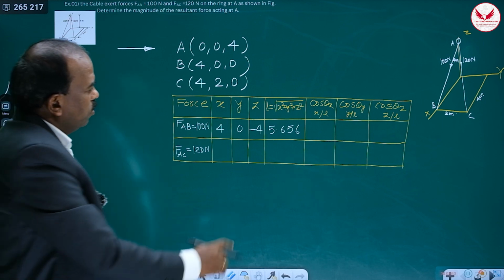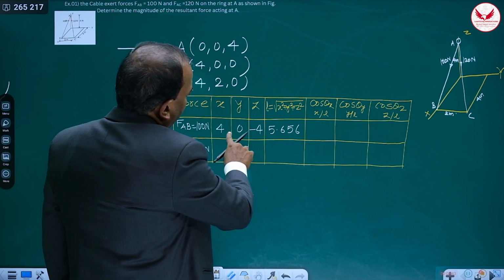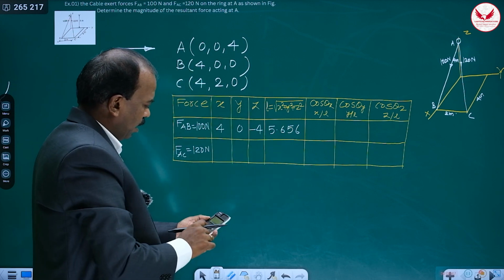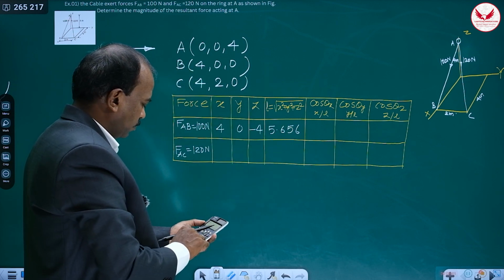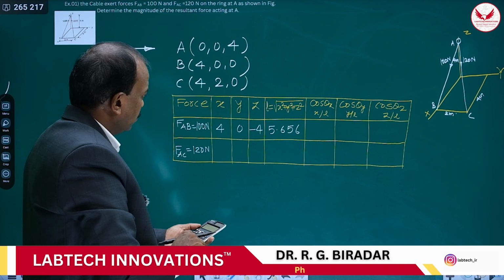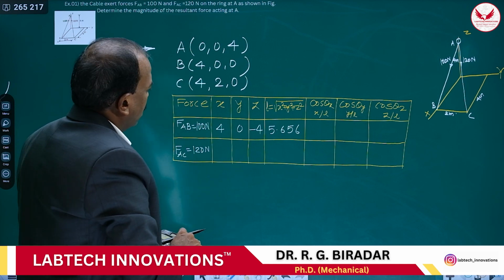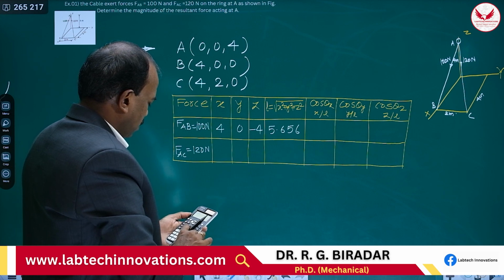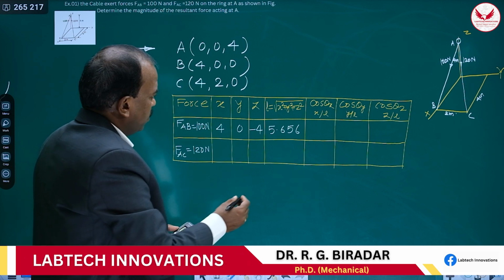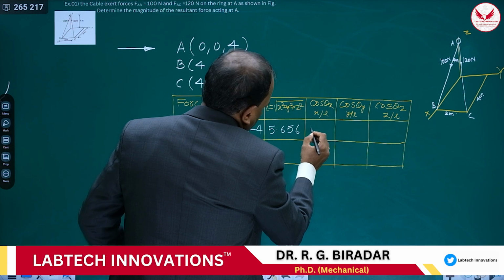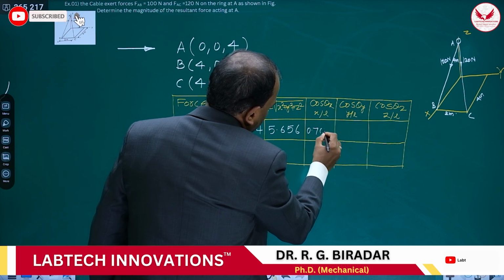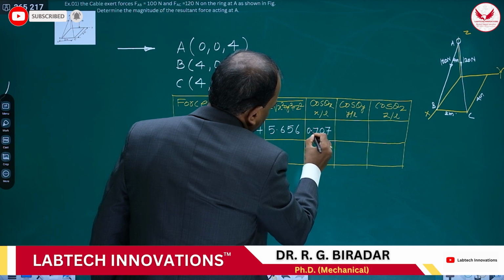Then how to get the value of cos theta x? X by L. 4 by 5.656, so this value is what? 0.707.